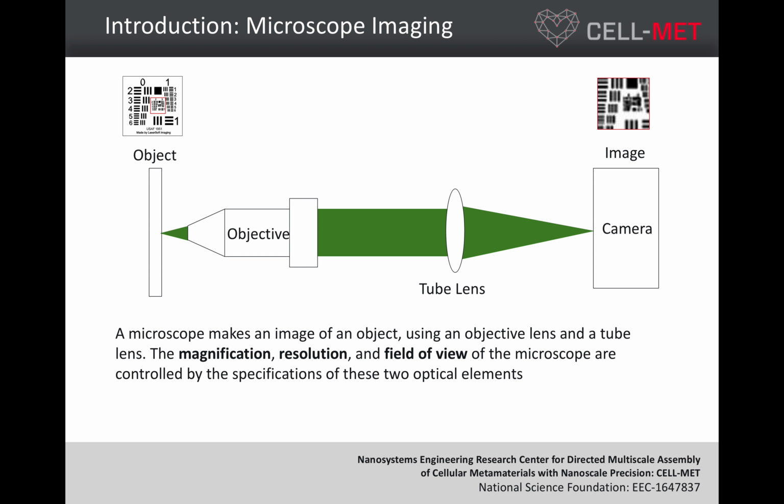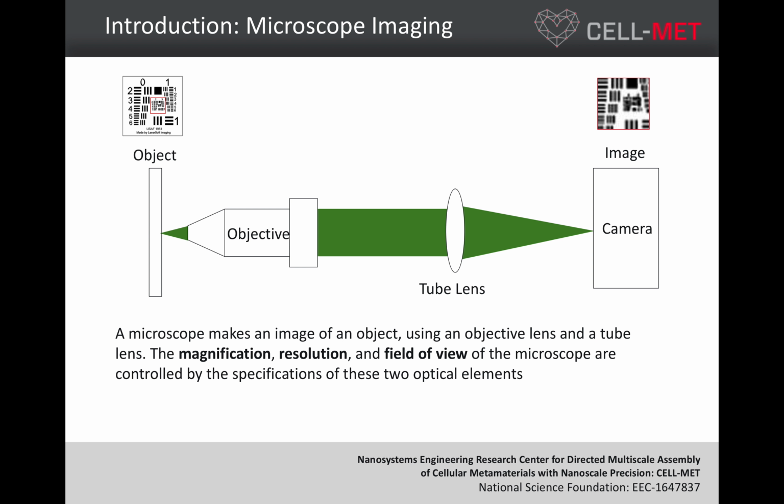So no matter how complex or how complicated a microscope system is, that's the basic working principle of every microscope. And the magnification, which means how many times you can enlarge your image, the resolution, which means how clear your image is, and the field of view, which means the specific range you can see from your object in your image, are three main factors which characterize the microscope.